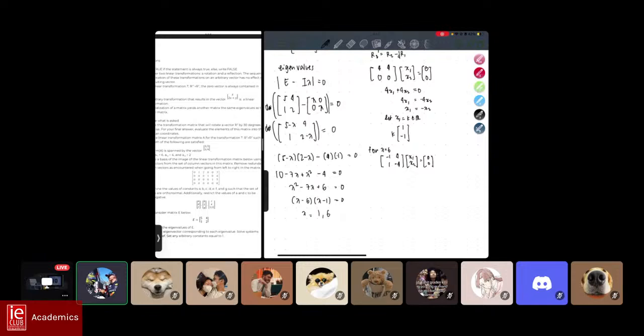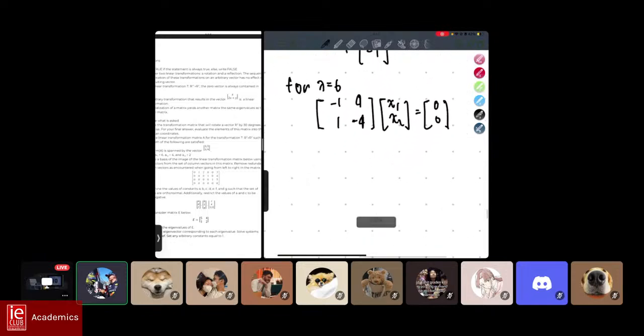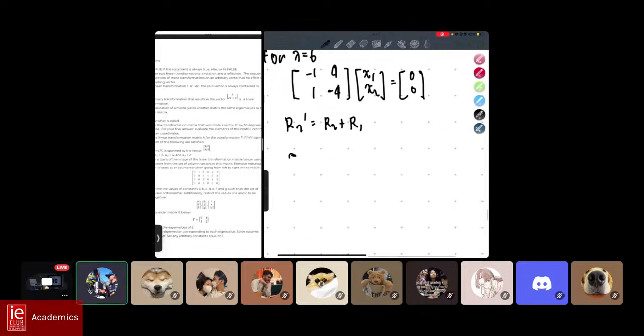So again, I think it's a bit apparent na dito ano yung itsura ng sagot. But let's just follow the instructions. R2 prime is equal to R2 plus R1. Eliminates this, allows us to get reduced row echelon. Oh, and then let's just do R1 prime equals, conventions, negative 1 times R1. Yan.